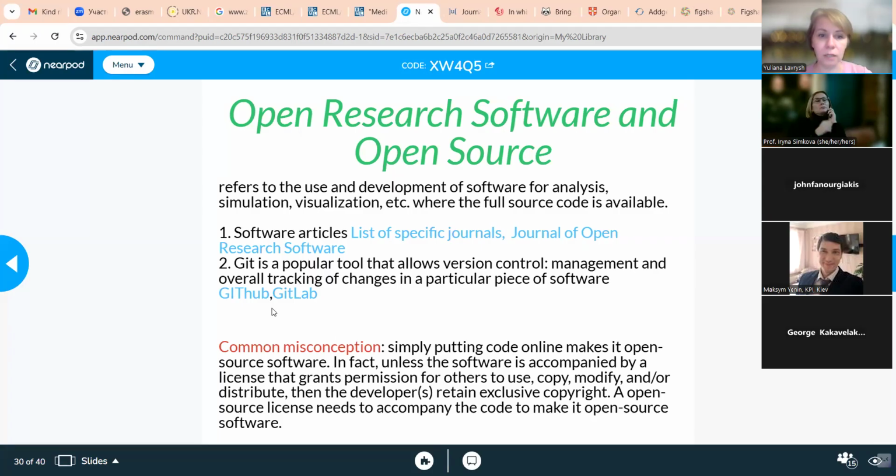And pay attention to this common misconception. Simply putting code online doesn't mean that you made open software. Actually, software should be accompanied by license, permissions, peer review, the same as a paper or data set. So everything should be reliable, and the same goes for software.